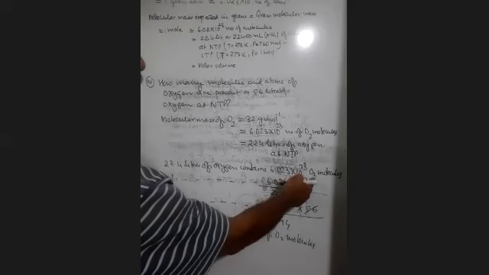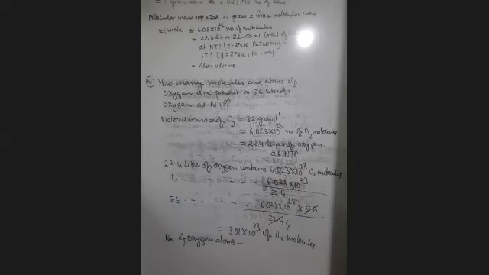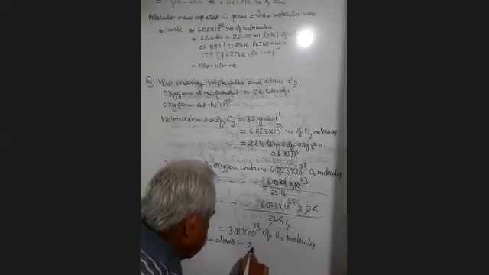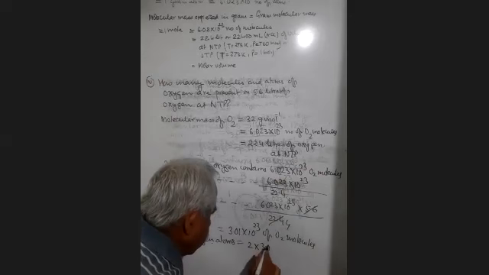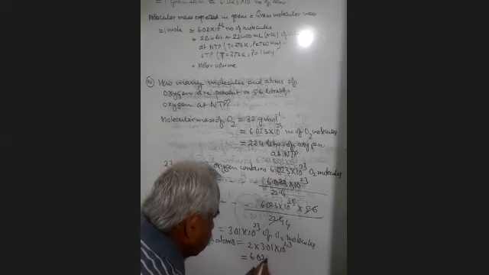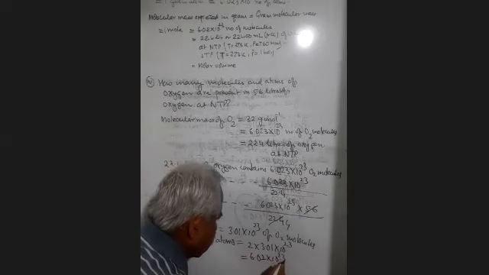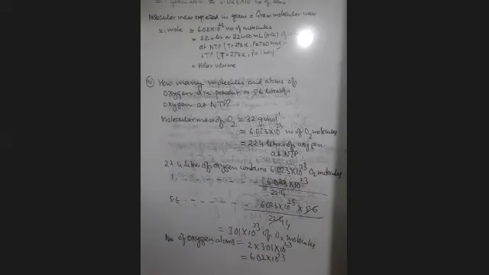See, each oxygen molecule contains 2 oxygen atoms. So it will be 2 into 3.01 into 10 to the power 23. So it comes to 6.02 into 10 to the power 23. Such a simple sum also. You have to increase your IQ level.